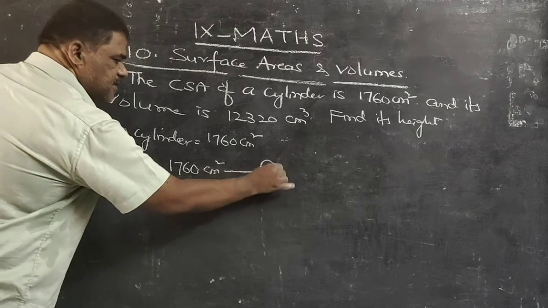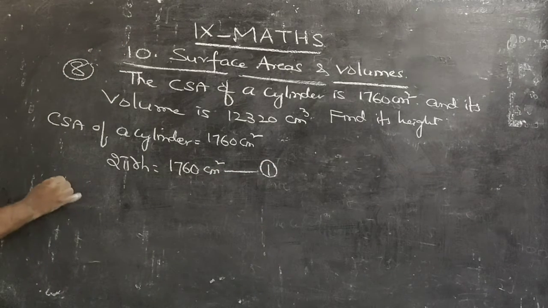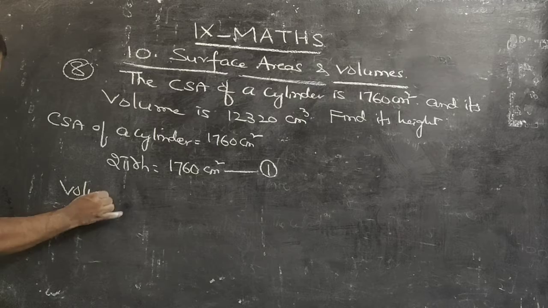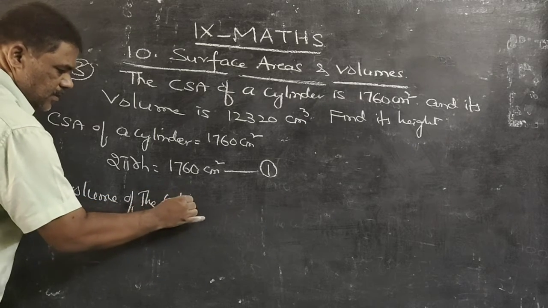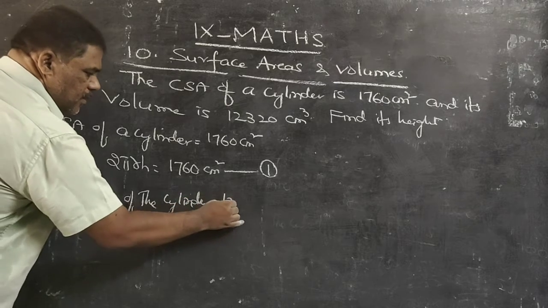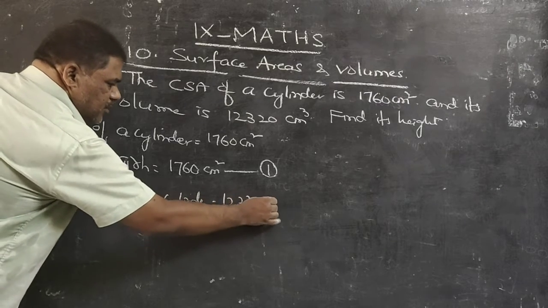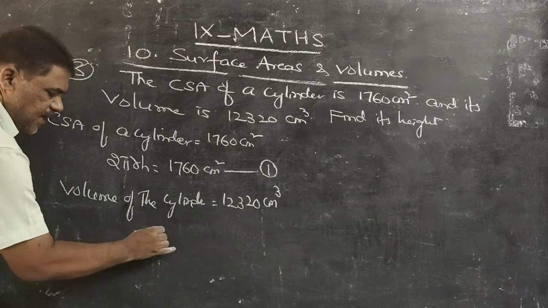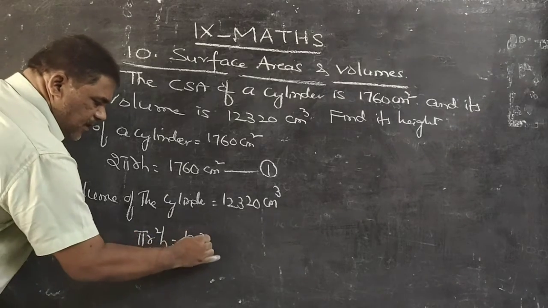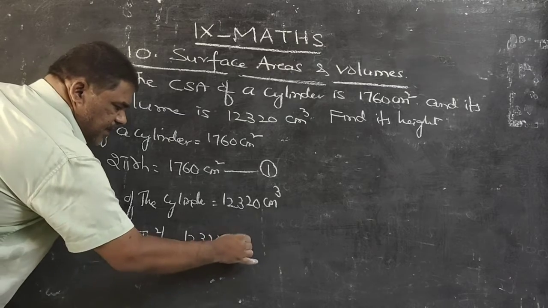This is the first equation. Next, given that the volume of the cylinder is 12320 centimeter cube. Volume of the cylinder formula is pi r square h, that is 12320 centimeter cube.